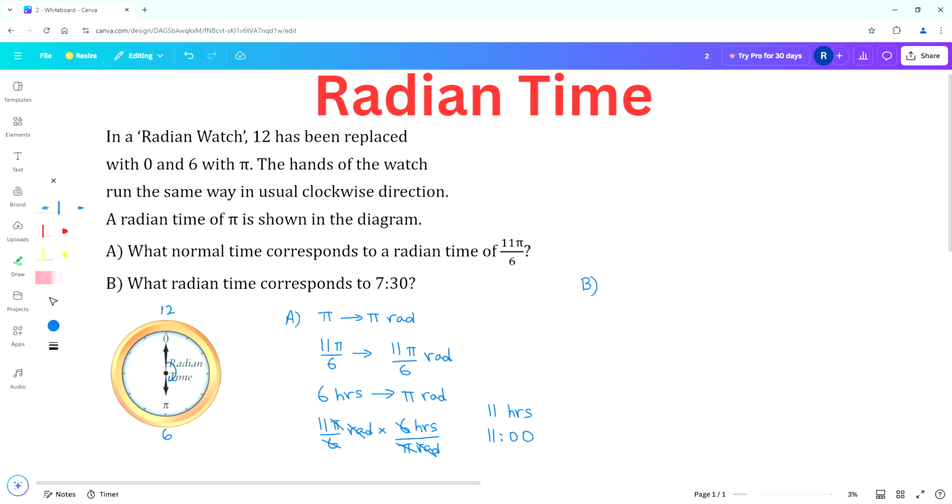What radian time corresponds to 7:30? 7:30 time on a normal watch corresponds to 7 hours and 30 minutes from the 12th position in the clockwise direction. To find the radian time, we have to convert hours to radians.